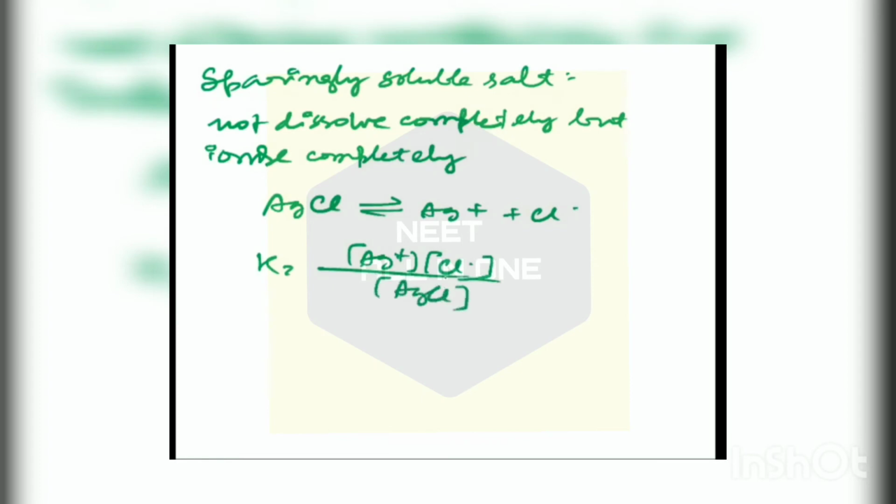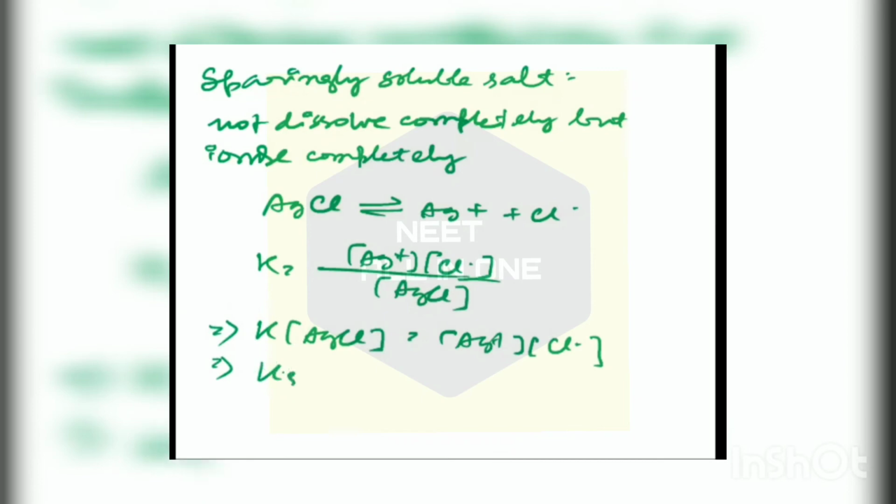Now we have taken a certain concentration of this AgCl, so it will be constant. Now we can write this K into the concentration of the total salt as KSP, and that will be the value of the concentration of these two ions.